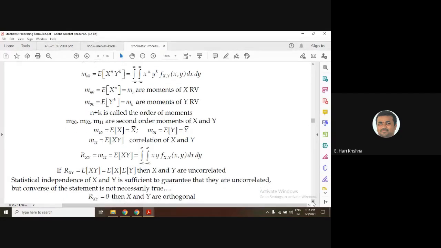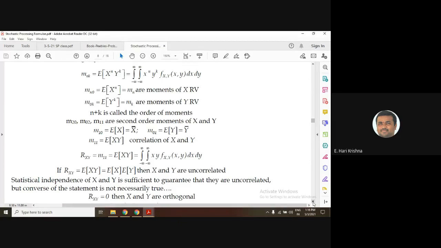Last sentence, for moments about the mean and moments about the origin. If RXY is equal to 0, then we can say X and Y are orthogonal to each other. You might have discussed this point in Fourier series.